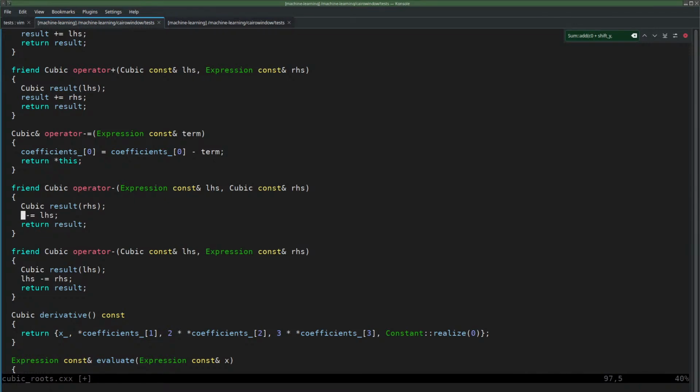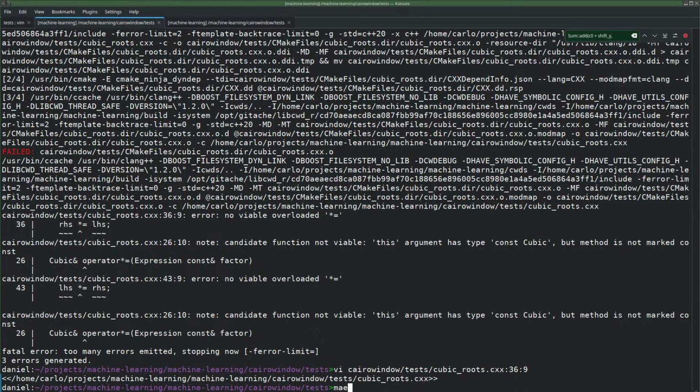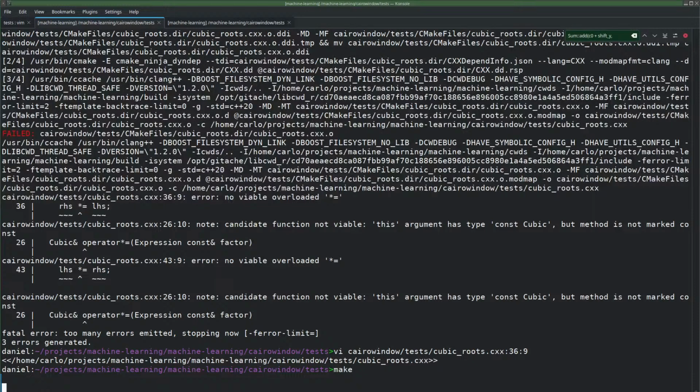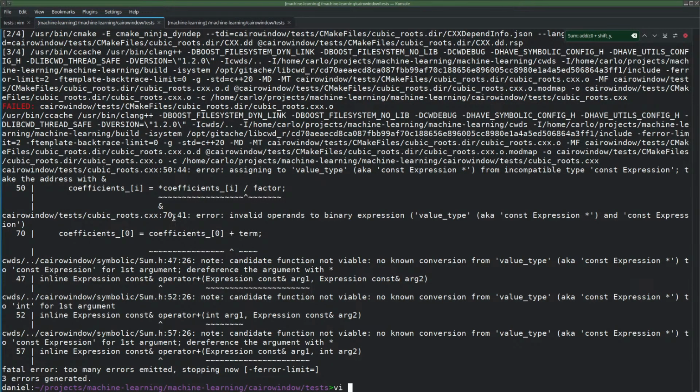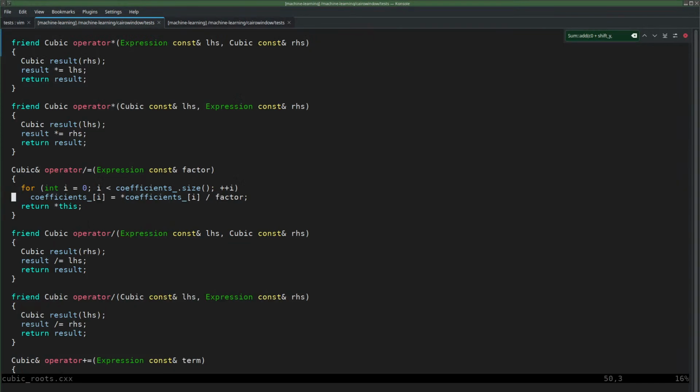Right hand side is result. The left hand side is result. Assigning to value type. Okay, it's the same thing again. So I need to take the pointer of the result of this.